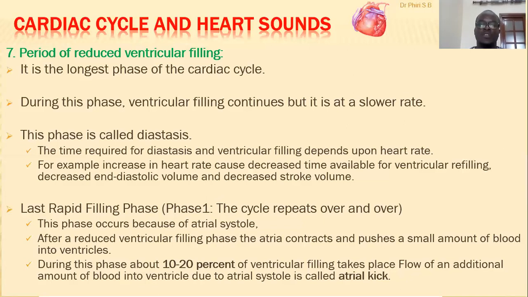So after the reduced ventricular filling phase, the atria contract and push a small amount of blood into the ventricles. And during this phase, about 10 to 20% of ventricular filling takes place. And then this 10 to 20% due to the contraction of the atria is also referred to as atrial kick. Atrial kick is a result of the contraction of the atria.